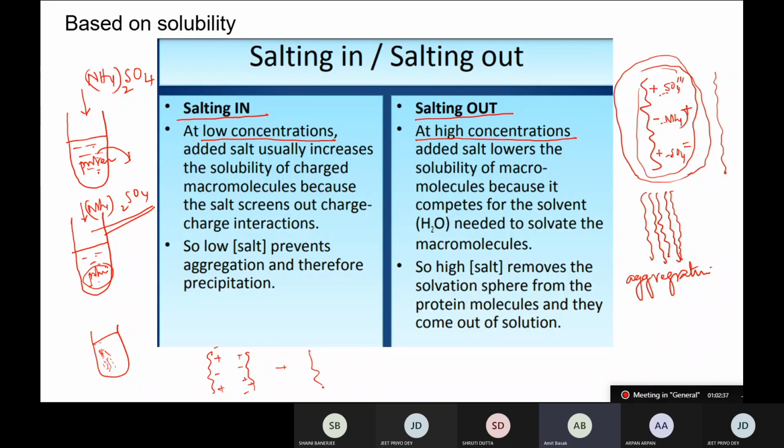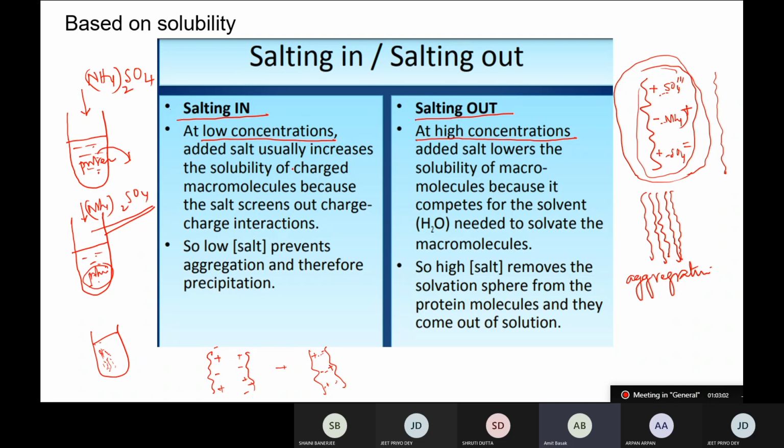It will come together in such a way that the plus and minus are facing each other. Minus, plus. So that means there will be interaction between the unlike charges. The protein will interact in such a way that it is unlike charges which are facing each other, and that will aid the process of aggregation.